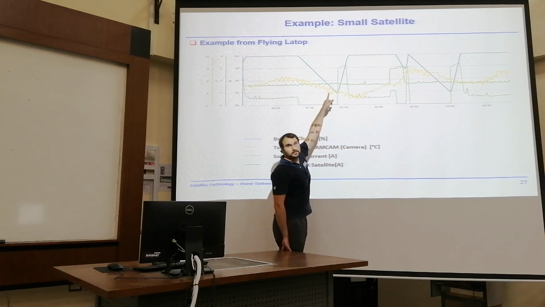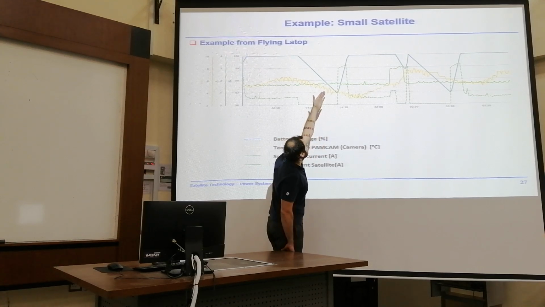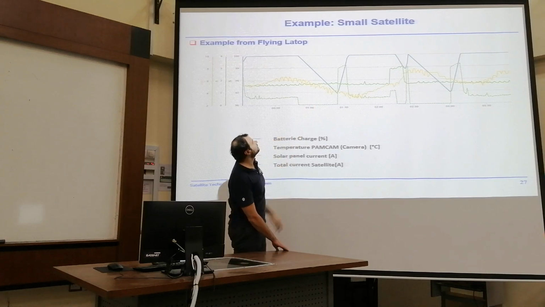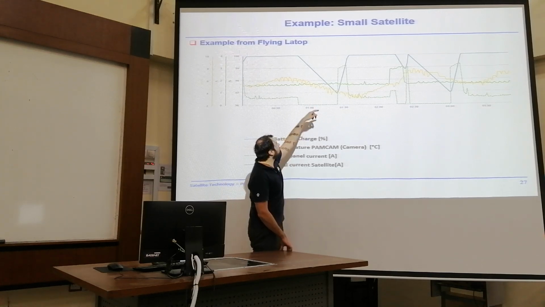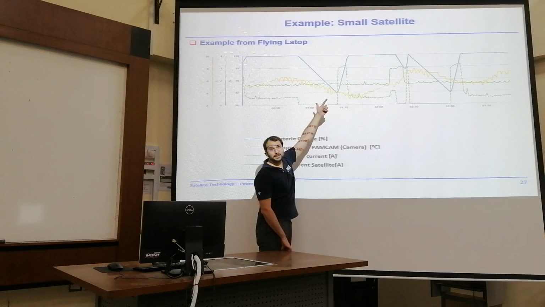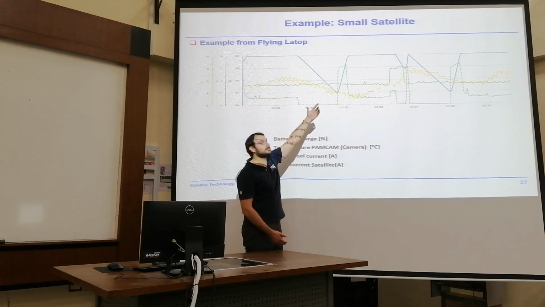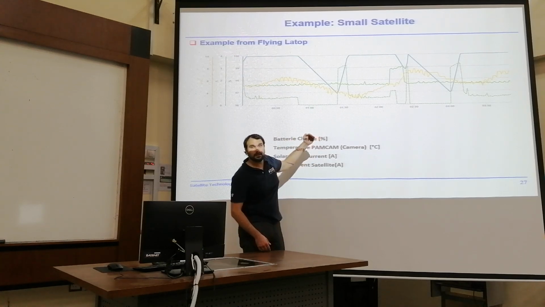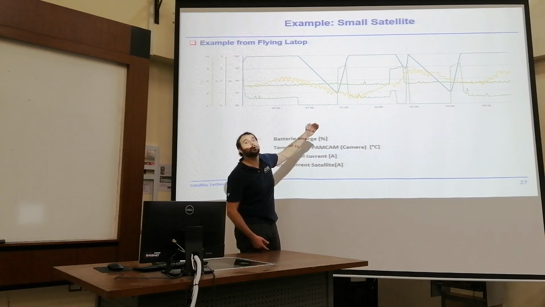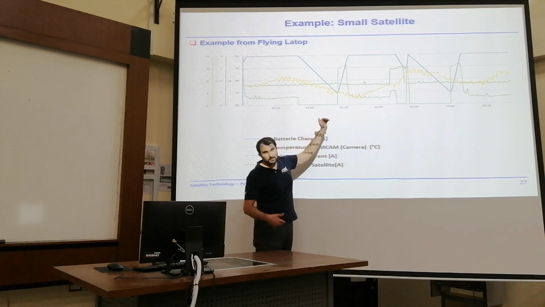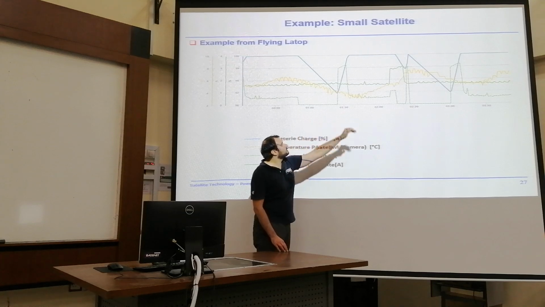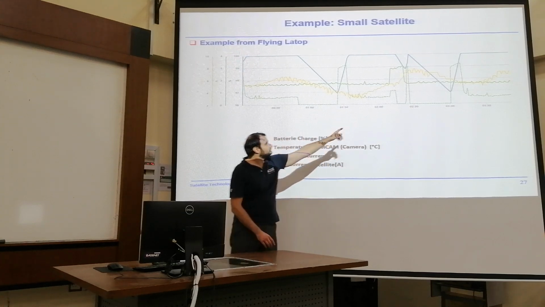We have another solar panel current, and we start charging our batteries again. Until it is completely charged, then our maximum power point tracking, for instance, sets in, reduces the amount of power drawn from our solar panels so that we don't overcharge our battery, and it continues like that.